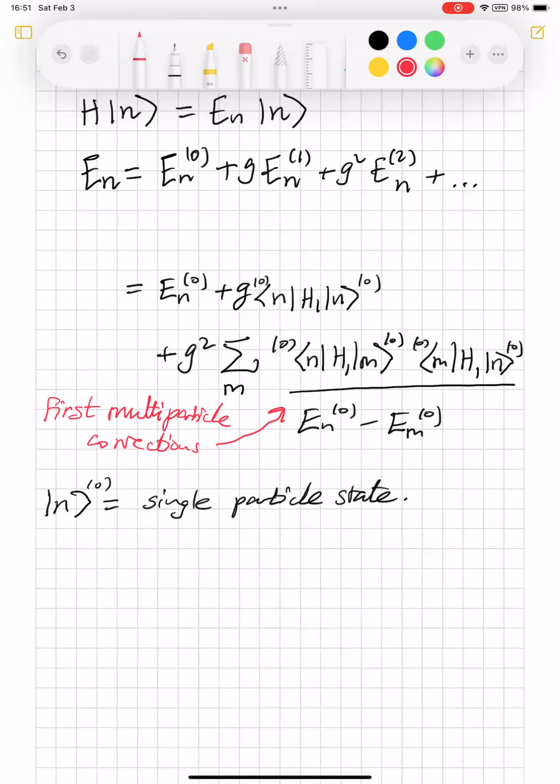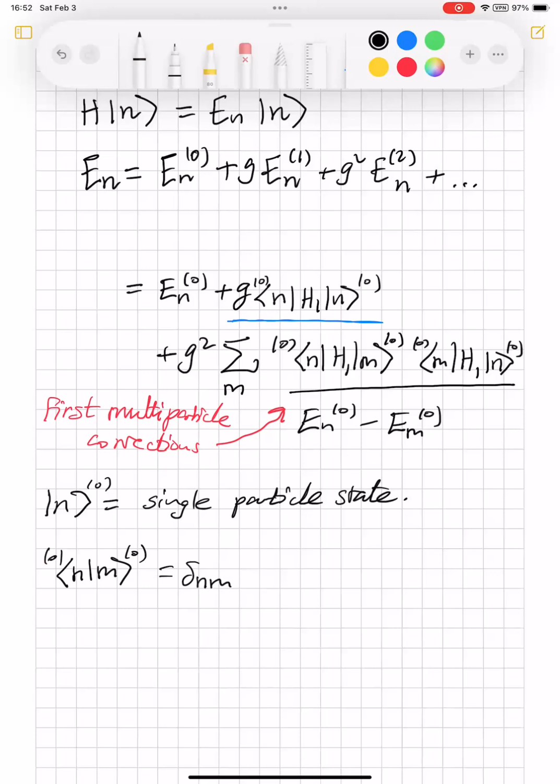So to do that, I want to estimate how big the various terms are. So to start off, let's look at this term, which is first order in G. How do we estimate how big that is? Well, I'm going to imagine that I'm working in a box. If I'm working in a box, I can certainly normalize my states. So these are normalized to delta Nm.